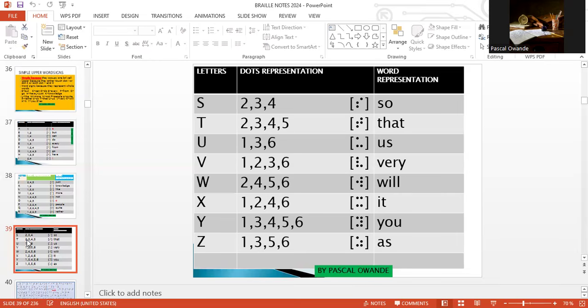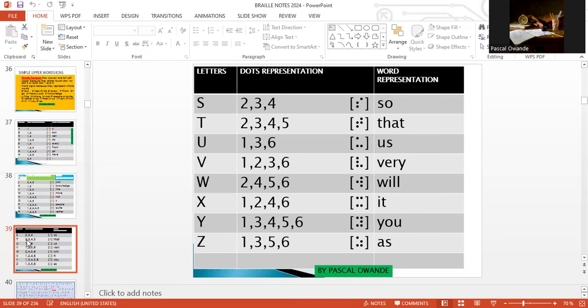Letter X, dot 1, dot 2, and dot 4, 6. It gives us the word it. Then we have letter Y, represented by dot 1, dot 3, and dot 4, 5, 6, giving us the word you.